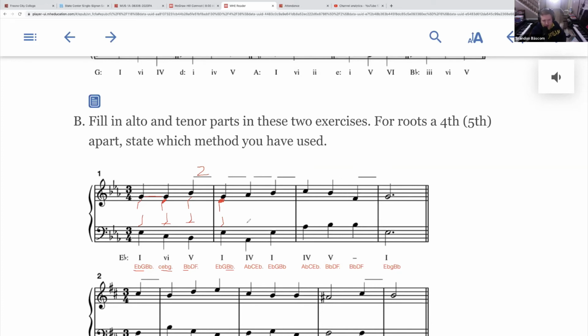Are we going to do way number 1, way number 2, or way number 3? Our common tone is the E flat. Yeah. So we could keep the E flat here.